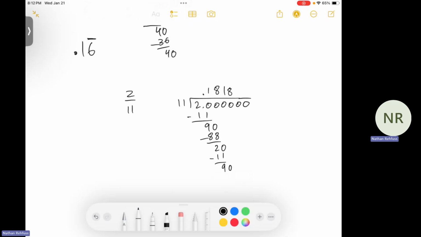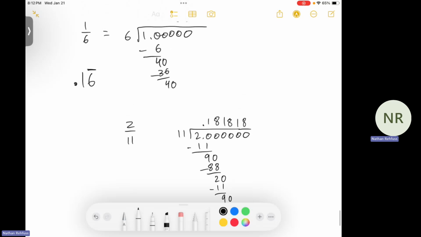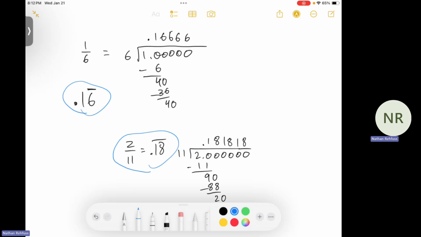And so we get a repeating pattern of 1s and 8s on forever. And so 2/11ths is written as 0.18 repeating. See, for 1/6, the 6 is repeating and the 1 is not. For 2/11ths, both digits are repeating. That's the difference between 0.166666 and 0.18181818.